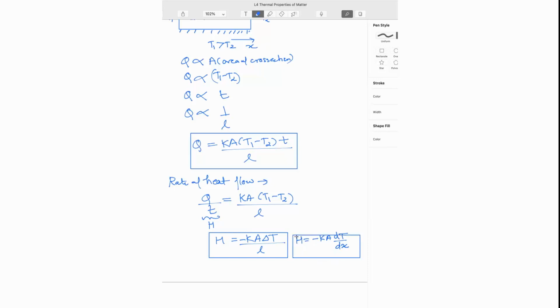That is also called the Fourier law of heat conduction.